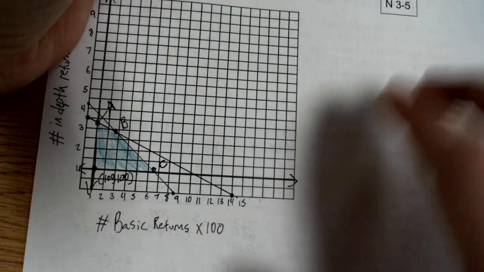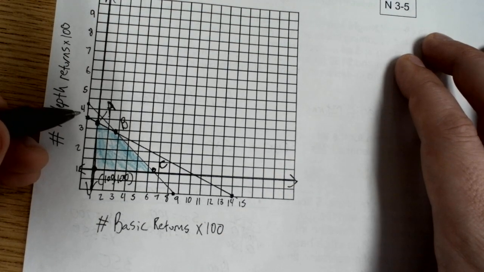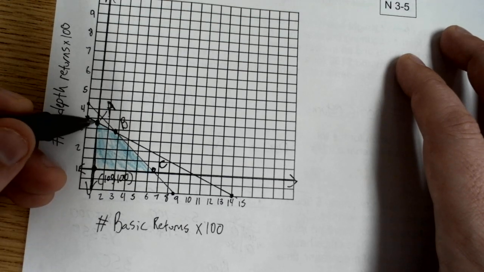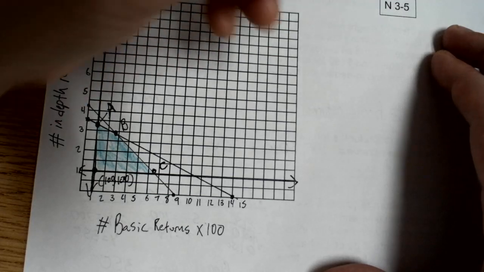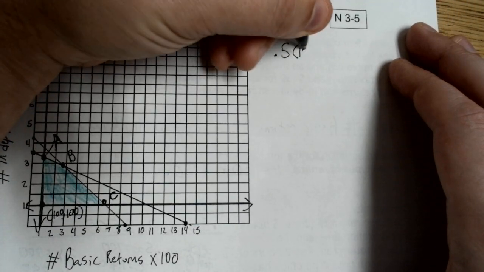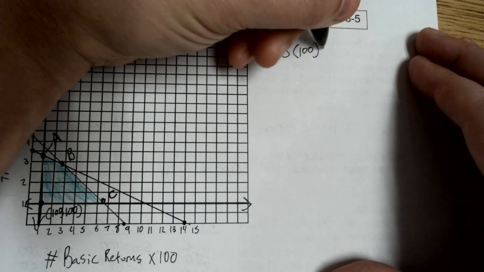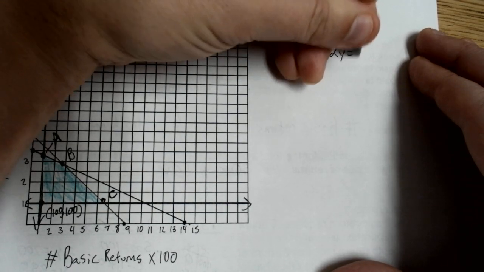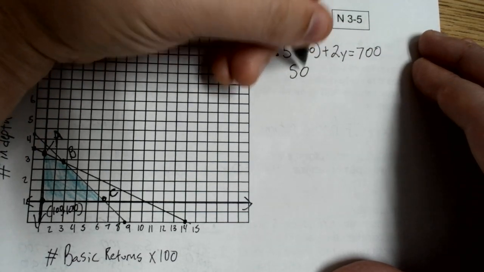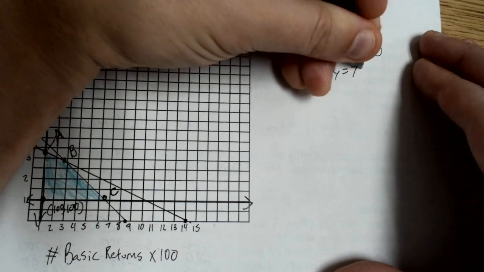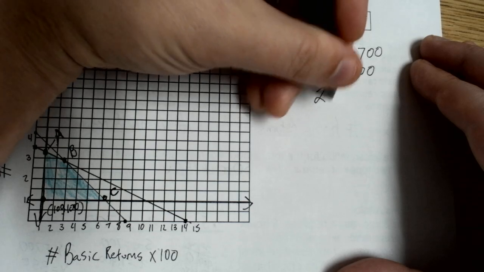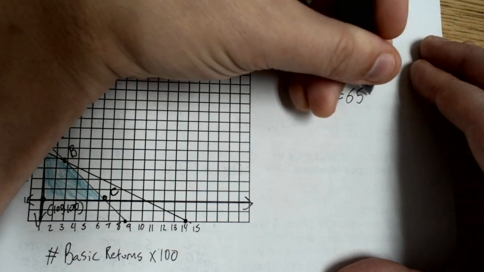So, first one is on my line of 0.5x plus 2y equals 700. I know the x value is 100 because it meets that line here. So if I put 0.5 times 100, then we're just going to solve for y. 50 plus 2y equals 700. So half of 100 would be 50. Then when I subtract 50 out from both sides, I get 2y is equal to 650.